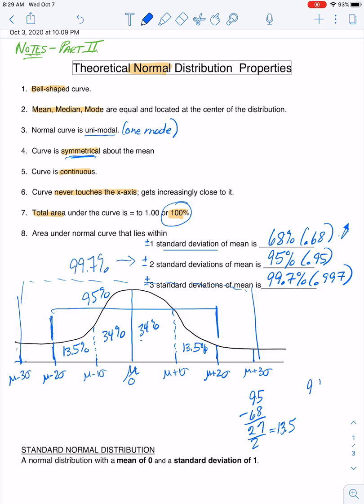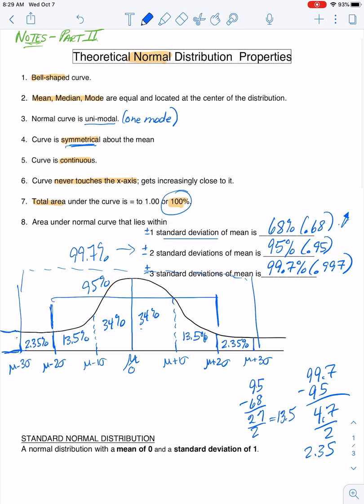So if you do 99.7 minus 95, that gives you 4.7 to be shared, so 2.35% in each of these two new compartments. At that point in time, we have accounted for 99.7% of the data.